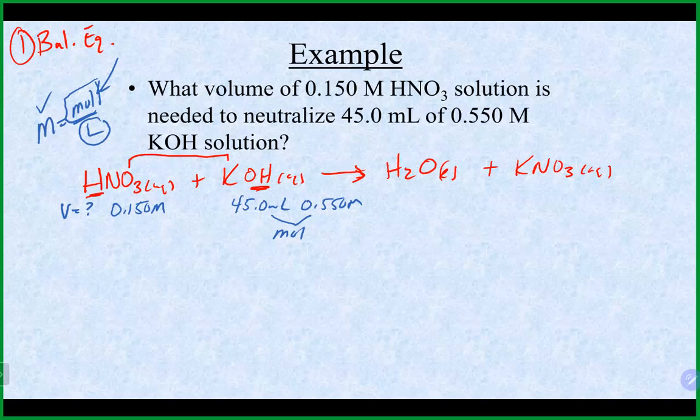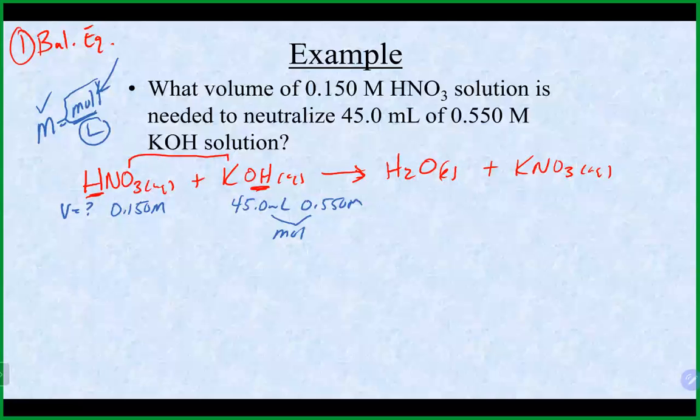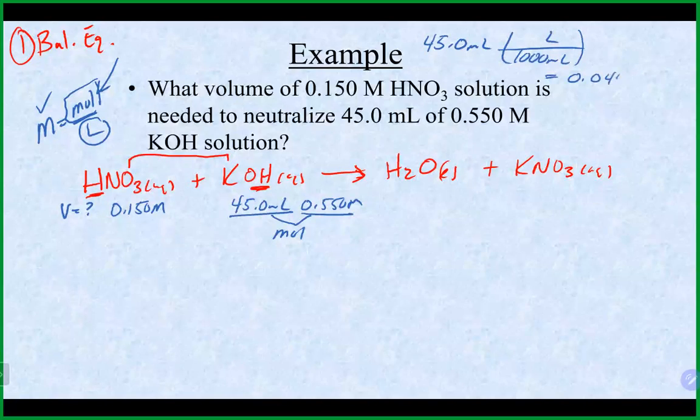And then we could get to the volume that we would need. Also remember that when we convert to moles, we need to convert our volume into liters. So we're going to divide this by 1,000 milliliters in a liter, giving 0.045 liters.